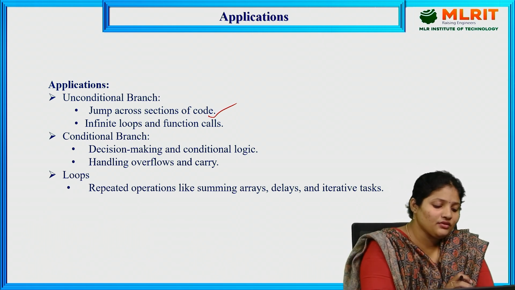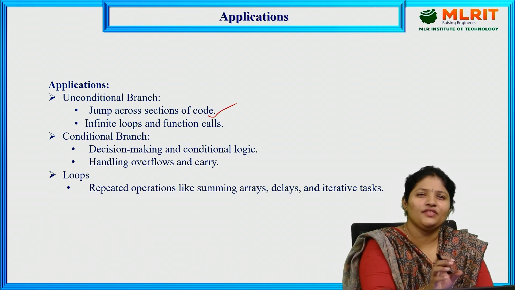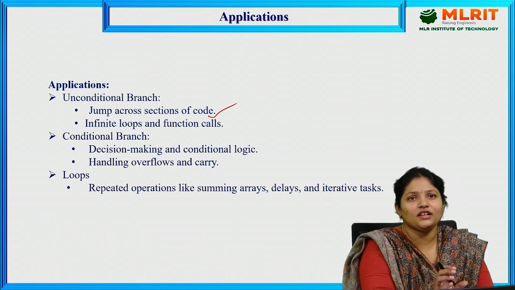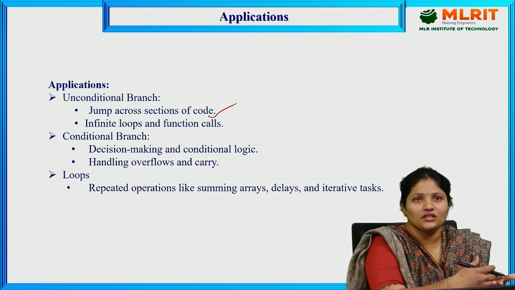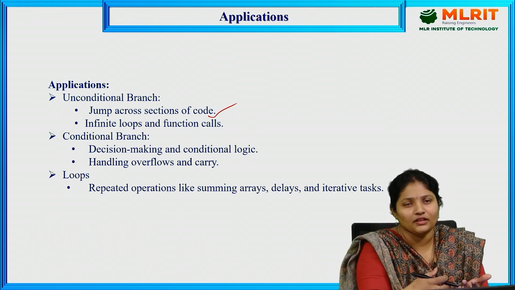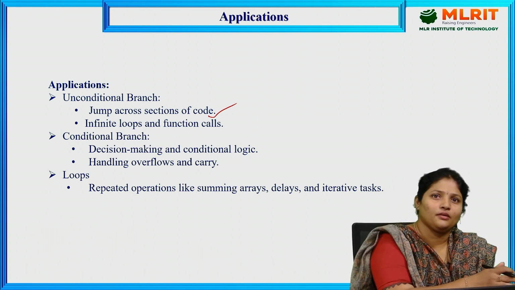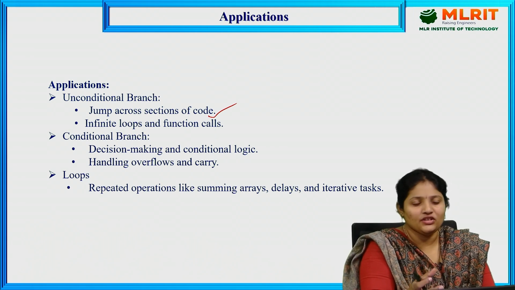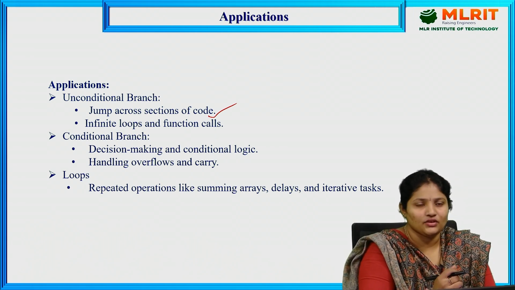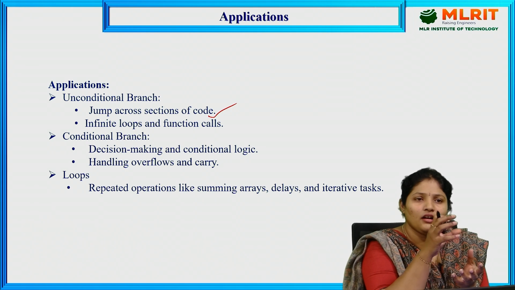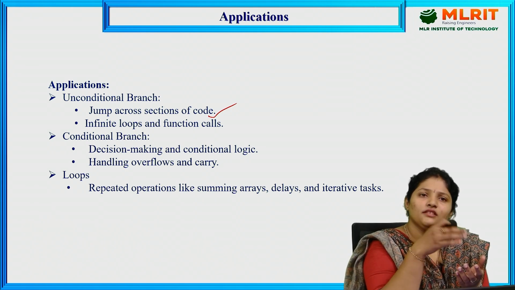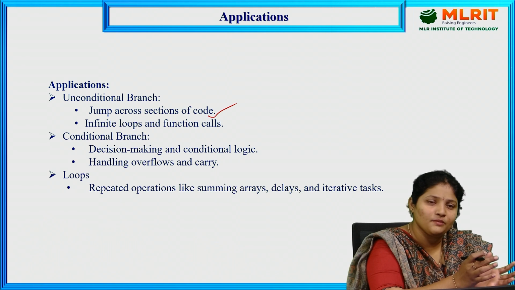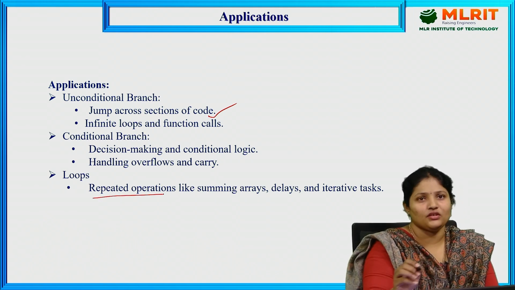Conditional branch instructions depend upon decision making or conditional logic: if this condition is satisfied, then only do this particular thing, or else get back to the main program. In such applications, we can use conditional branch instructions. When a particular set of instructions needs to execute unlimitedly or a particular number of times, we can use loop instructions.